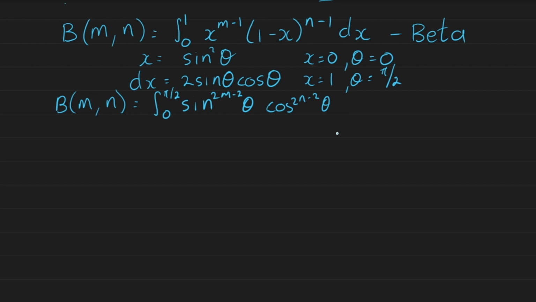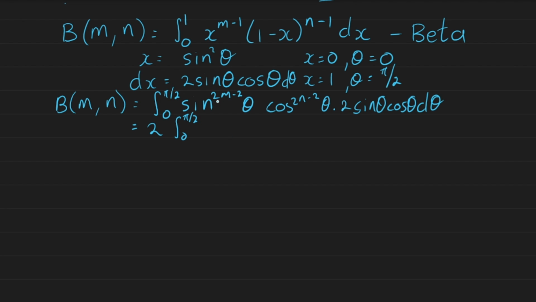So we have now transformed this particular integral to be in terms of sine and cos, and then we need to substitute in dx. We just have to remember that dx is equal to 2 sine theta cos theta d theta. So we just put that in. We can do some simplifications. This 2, we can bring out of the integral. Then we have 0 to pi over 2.